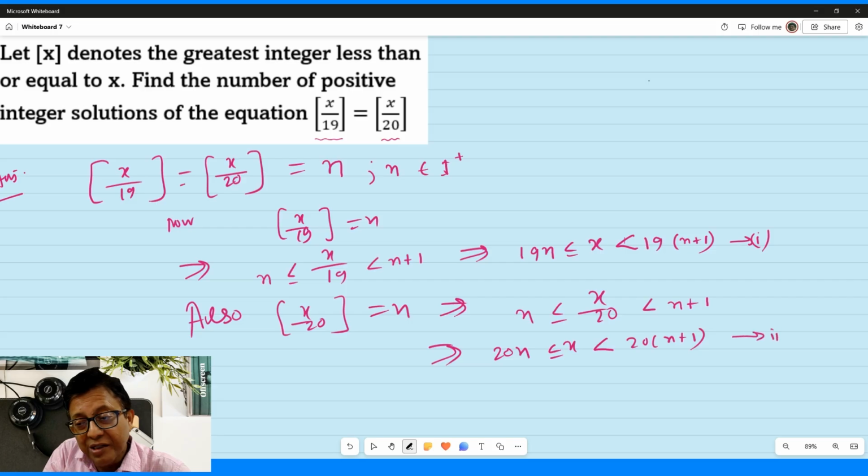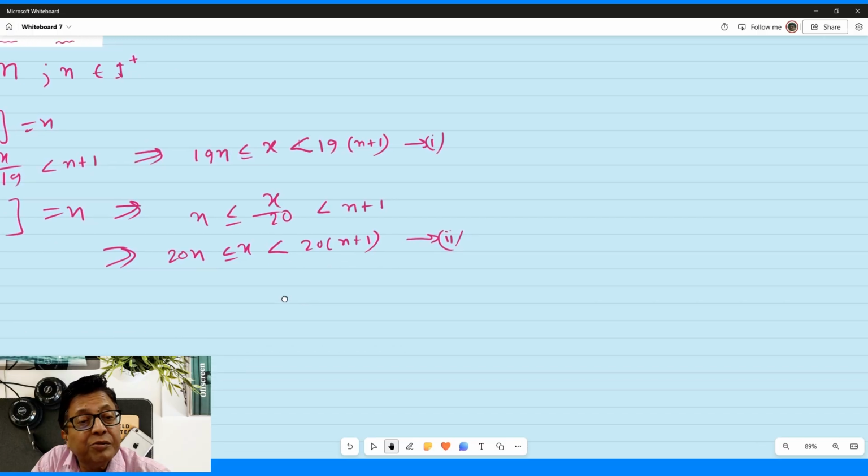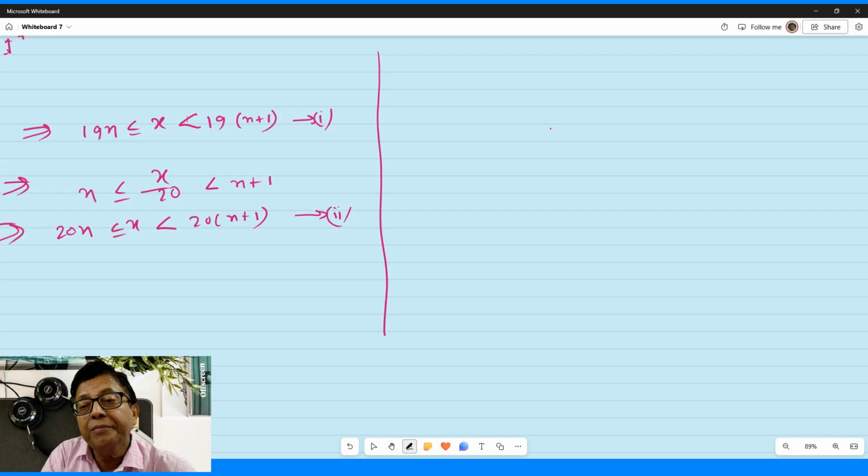Isn't it? It's alright, because this is the property of the greatest integer function. So you have to get the value of x which lies in between these two and also in between these two. So how to proceed? You will be taking those points on the number line.